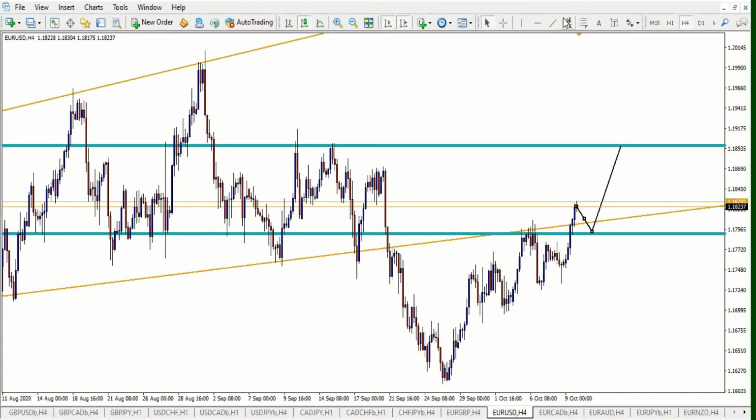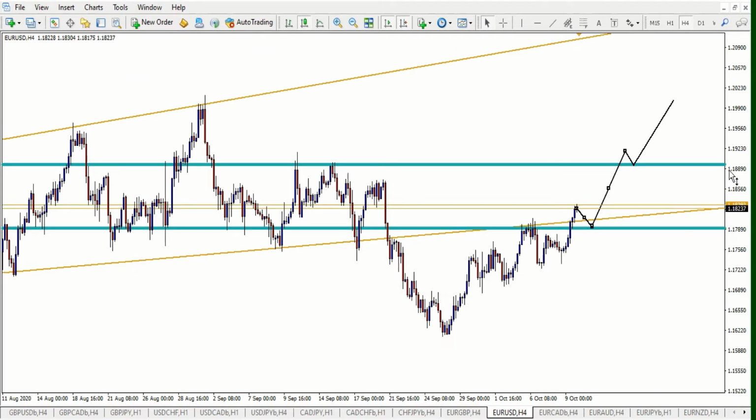And most likely if we have a very volatile week, the market could move up, retest there, and then this thing could practically shoot up and give us a lot of pips.